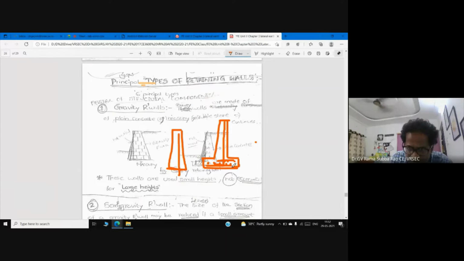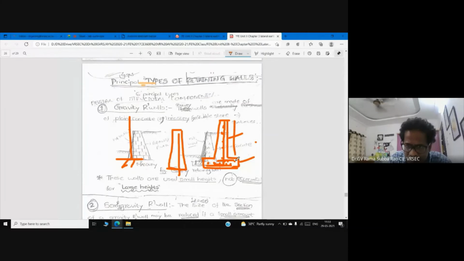This component is called the base slab and this is called the stem. Altogether it looks like a cantilever, meaning we provide sufficient reinforcement in both stem and base slab.